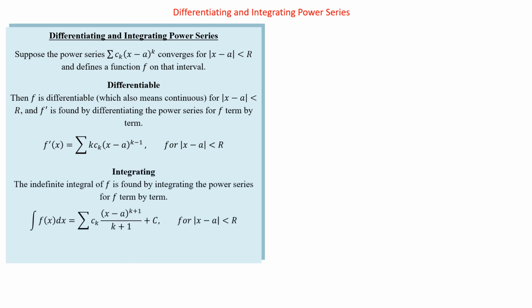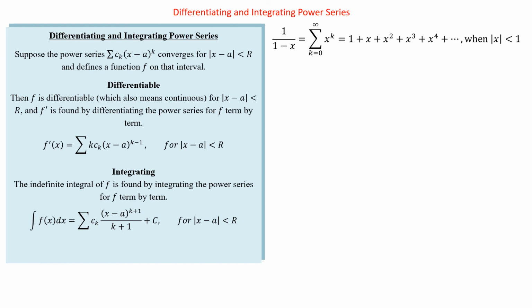Same thing with integration. We add 1 to the exponent, then divide by the new exponent, plus C. There's that plus C at the end of the infinite series that makes a new constant, for all x minus a in R. And so this can help us when finding new equations.